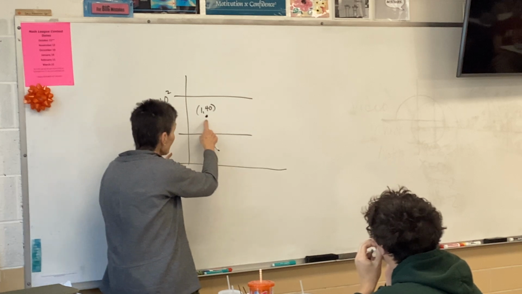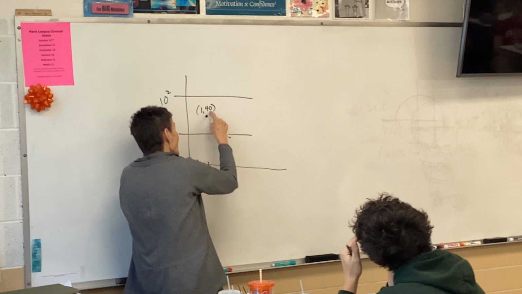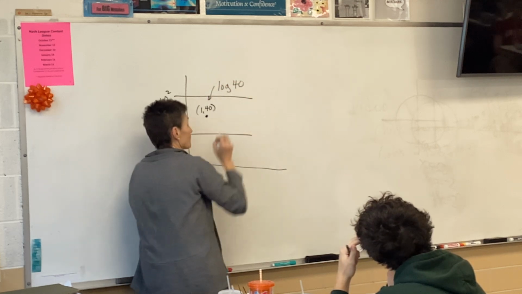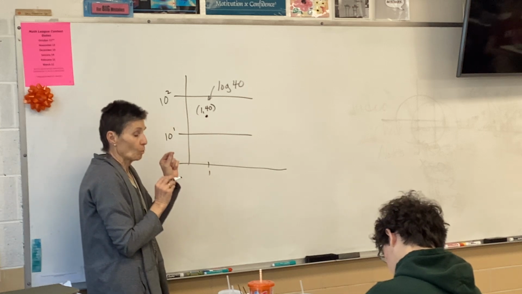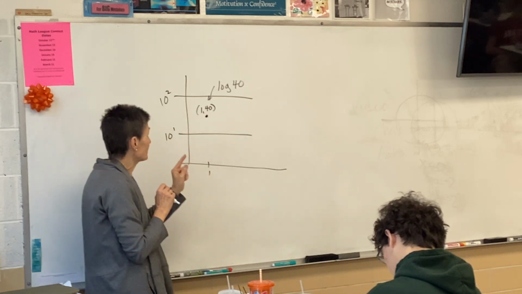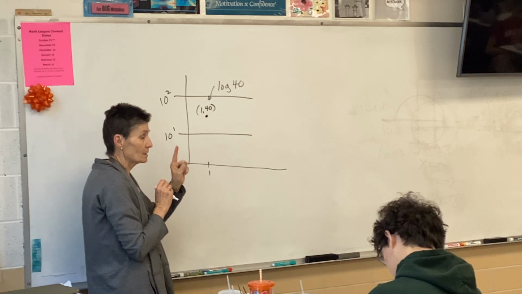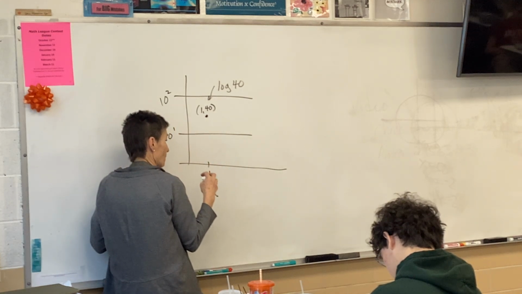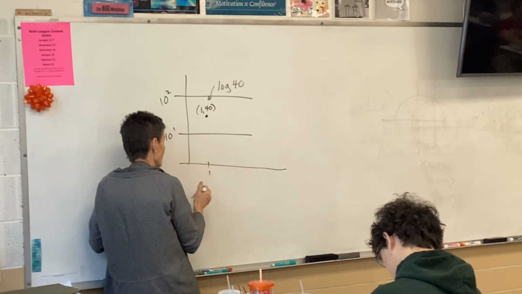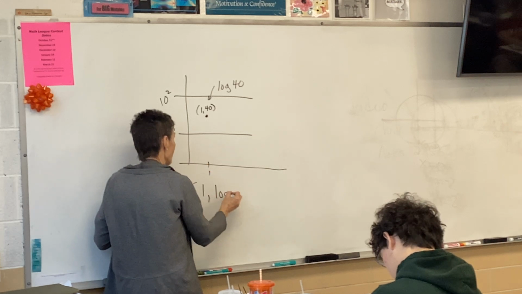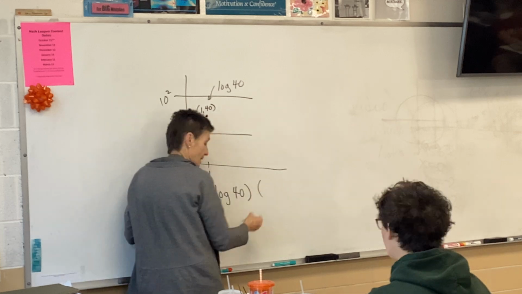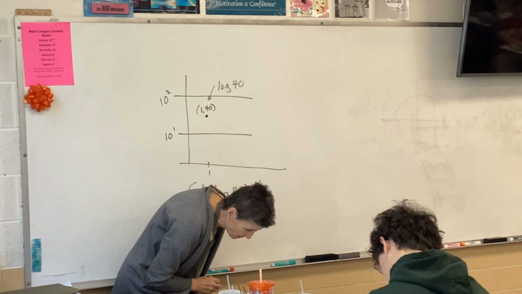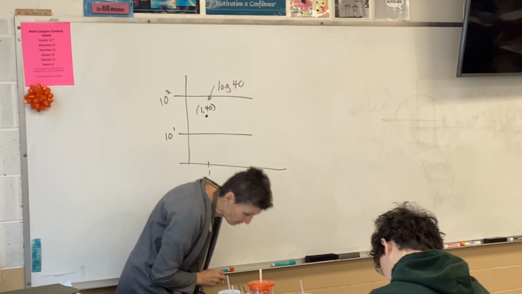So that y coordinate is actually the log of 40. So my 2 points that I'm going to write my linear equation for are going to be 1 comma log 40, and then, I don't know, pick another one. Can we do 2? Yeah, 2 comma log 60.